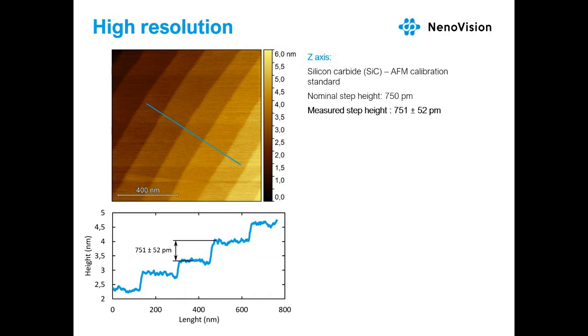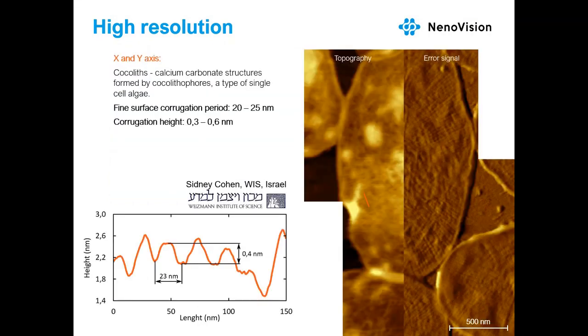For X and Y, we decided to show the performance on a sample from Sydney Cohem from the Weizmann Institute of Science, which is calcium carbide structures, and they are extremely fine. They are corrugated with a period of about 20-25 nanometers and a height of about 0.3 to 0.6 nanometers, and this is what we have got.